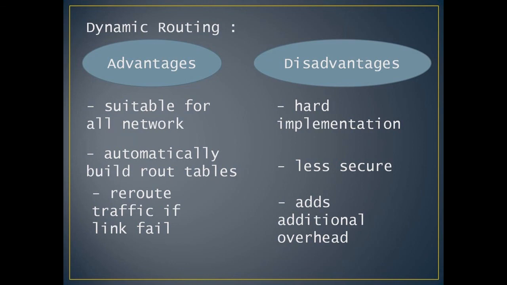Next, it gives a less secure routing device because of its complexity and because of its access to a number of different kinds of routers, which gives it a less secure network. Furthermore, it adds additional overhead, which causes your CPU or memory to run at a slower rate.